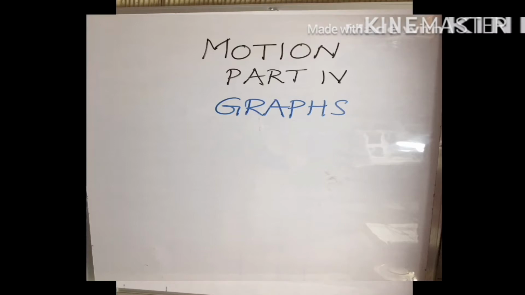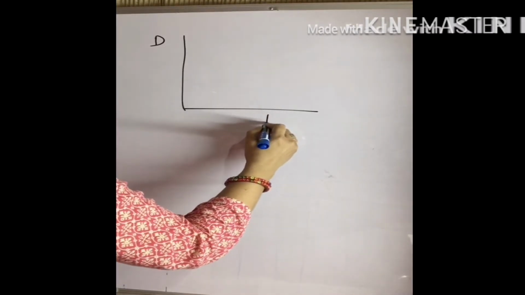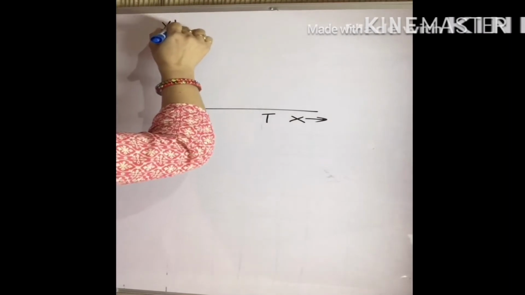graphs. Before I explain how to read the graphs, let us have a quick recap of the previous part. Last time I explained the distance time graph, with distance on the y-axis and time on the x-axis. Time is always taken on the x-axis, students.